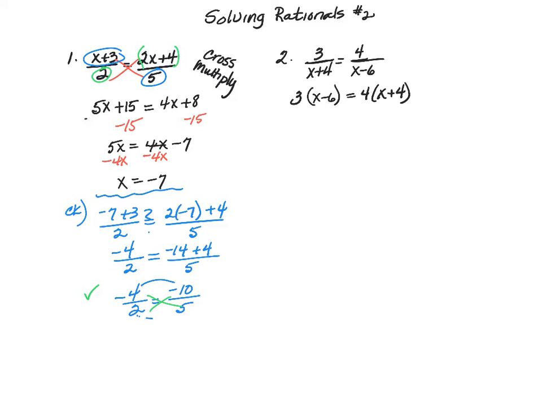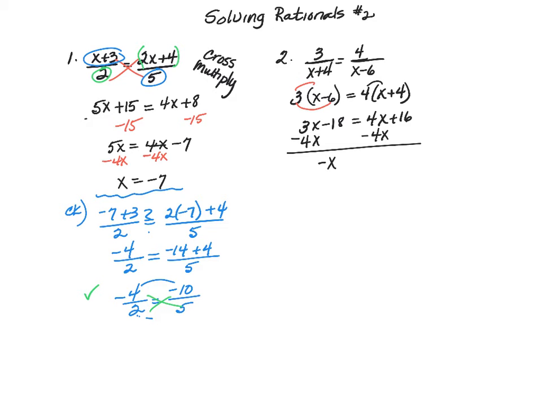On the left, as I distribute, I am going to come up with 3x minus 18, is equal to 4x plus 16. I want to get x by itself, so I think I will subtract 4x from both sides. When I do that, I get a negative x on the left.